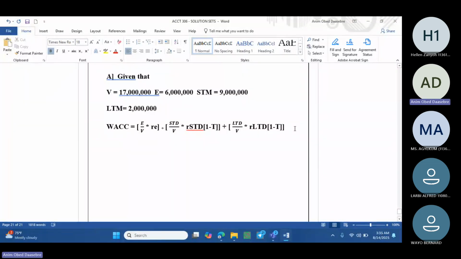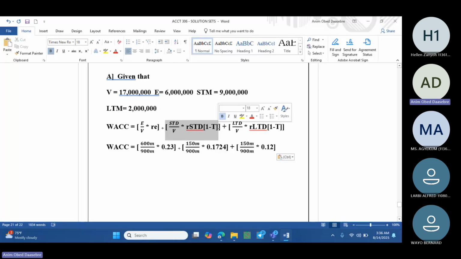So this will be the formula for finding the WACC. The first one is the equity. The E is the value of equity. The V is the total book value for the three. And then when it comes to the short term, since this is a debt, the value of short-term debt over the total book value times the cost of short term.